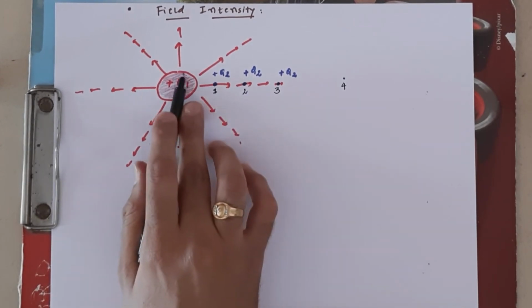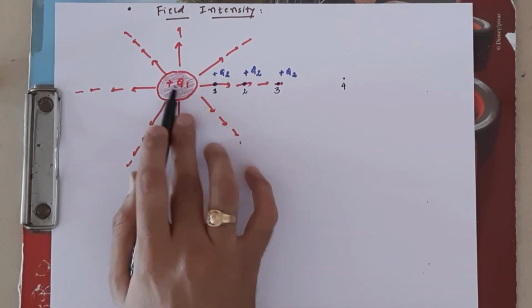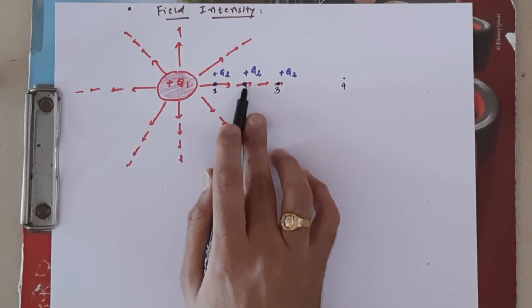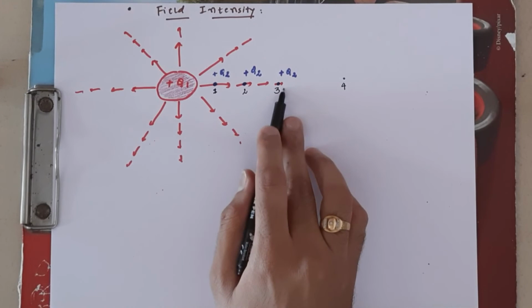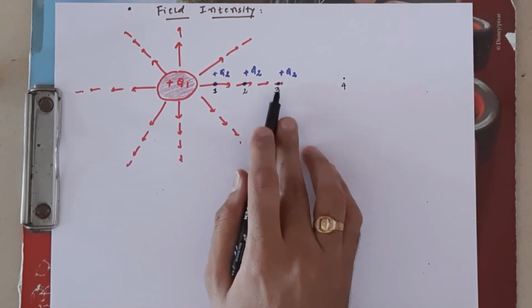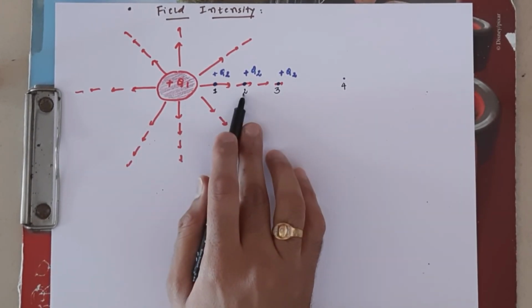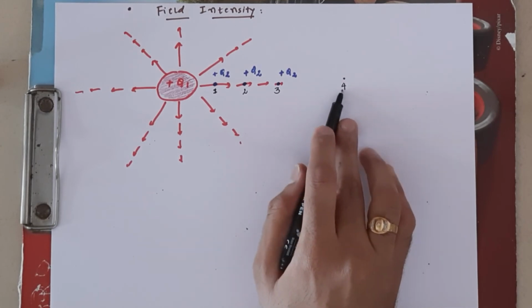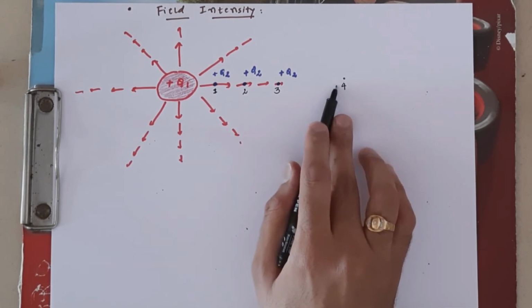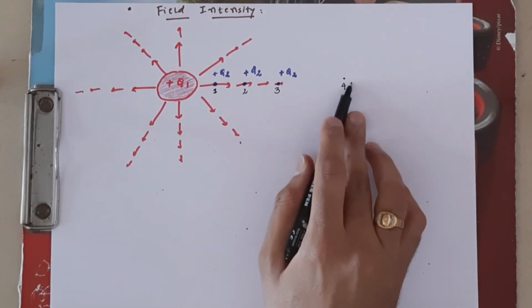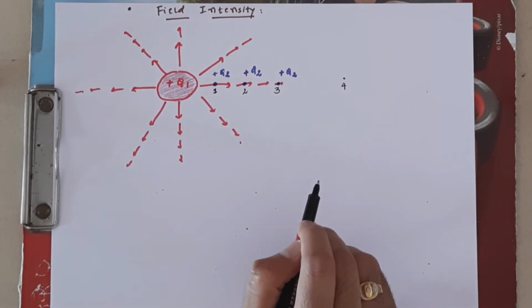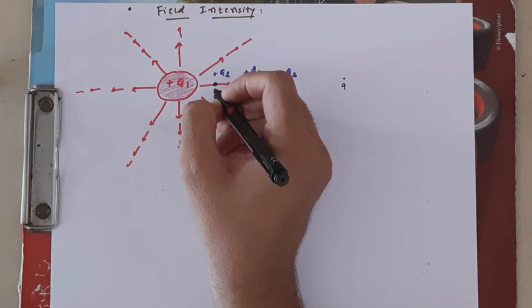At the second point, the field is strong, but weaker compared to the first point. At the third point, the field is weaker compared to the first and second points, and at the fourth point there is no field. So the electric field due to plus q1 is zero at the fourth point. That indicates the strength.